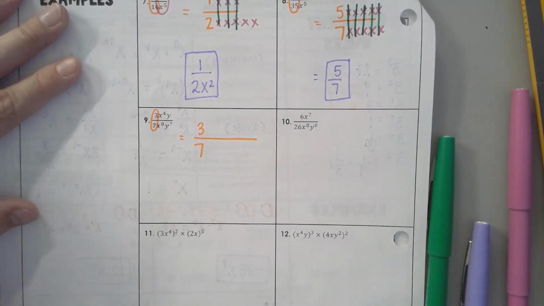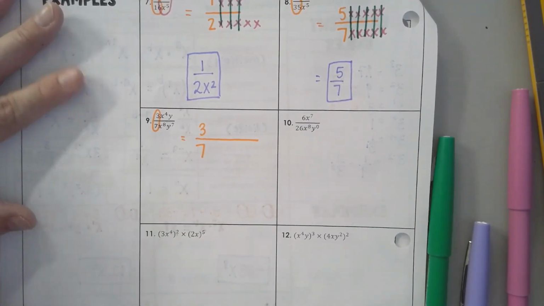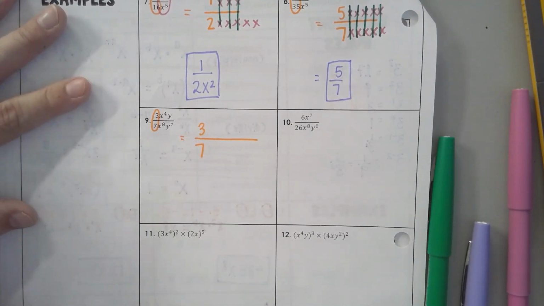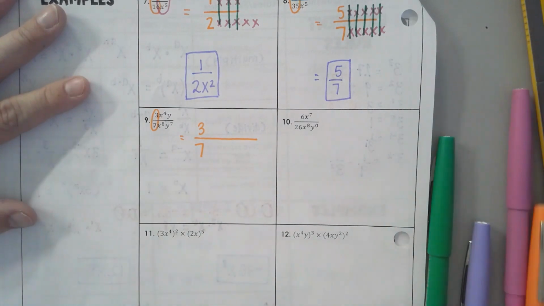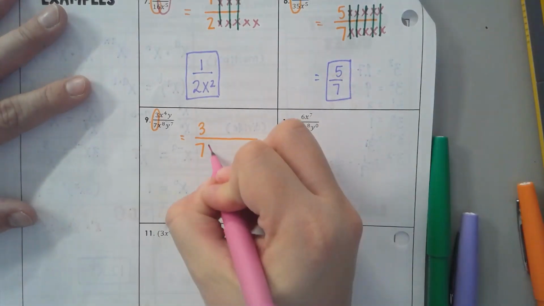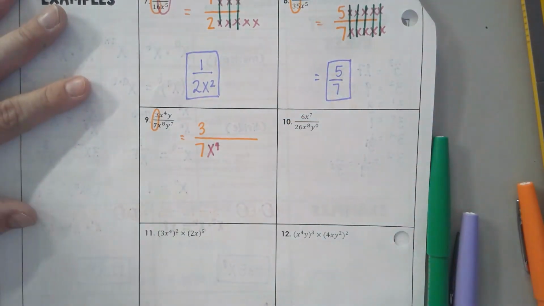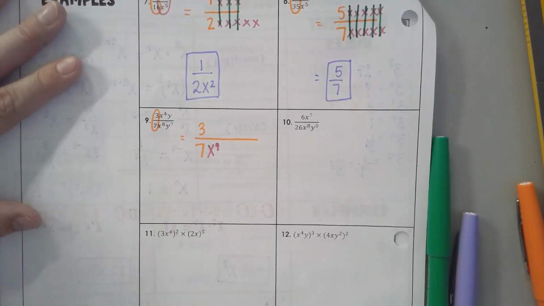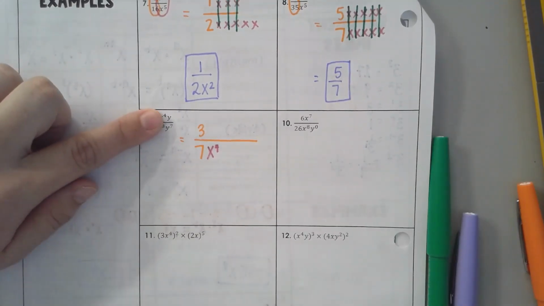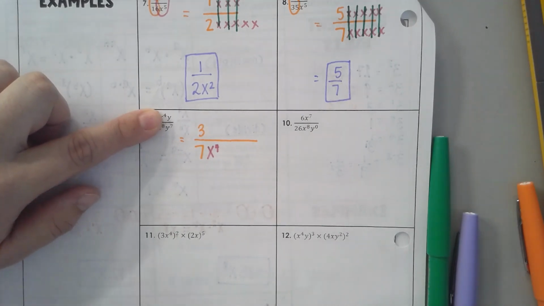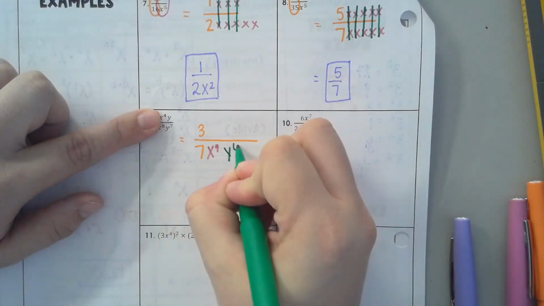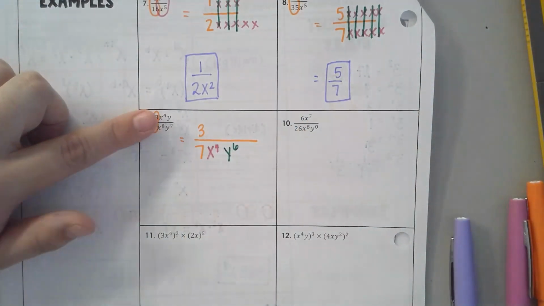If we cancel out some x's, what's left over? 4 in the bottom. So we have x to the 4th in the denominator. And then we have some y's. Same thing. If we cancel out, what are we left with? 6. So y to the 6th in the denominator.